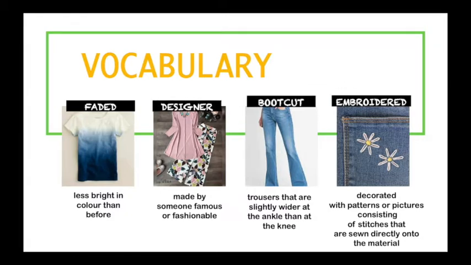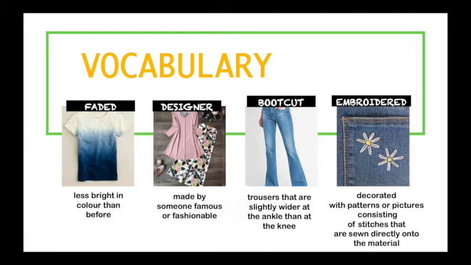So you can use the word faded to describe clothes that are less bright in color than before, either because it's on purpose or because they have been worn so much that this happens naturally. Then designer clothes, or designer accessories, are those made by someone famous or someone fashionable, or by a brand that is famous or fashionable.